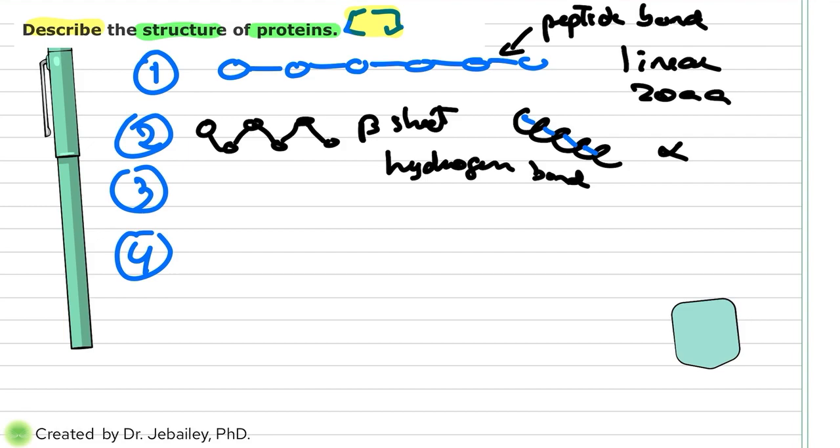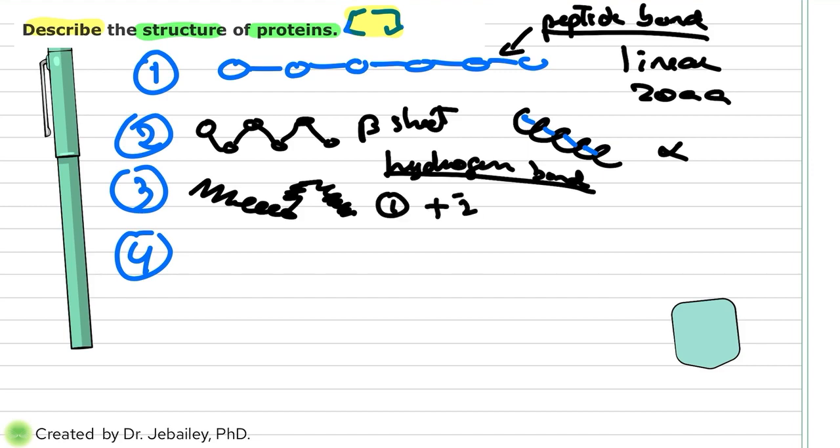So the next thing we have is the tertiary, which would not only be both the peptide bond and the hydrogen bond, but a mixture of them. So in the tertiary, you probably would have the zigzag and then the spiral, then the zigzag, then a spiral. That means your combination of 1 and 2, so 1 plus 2 is coming together.